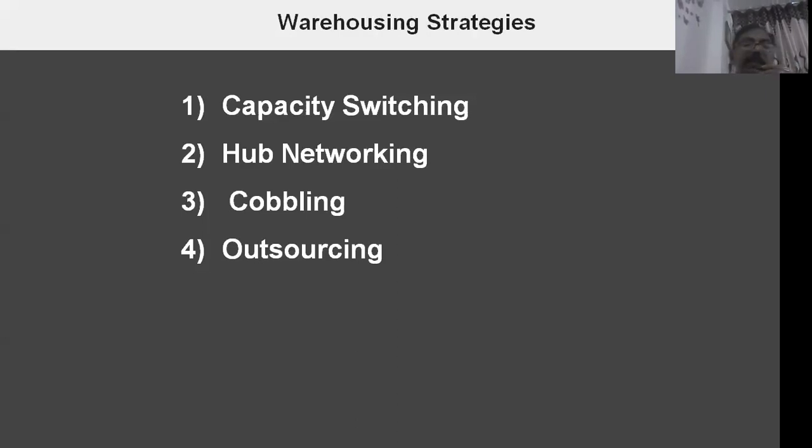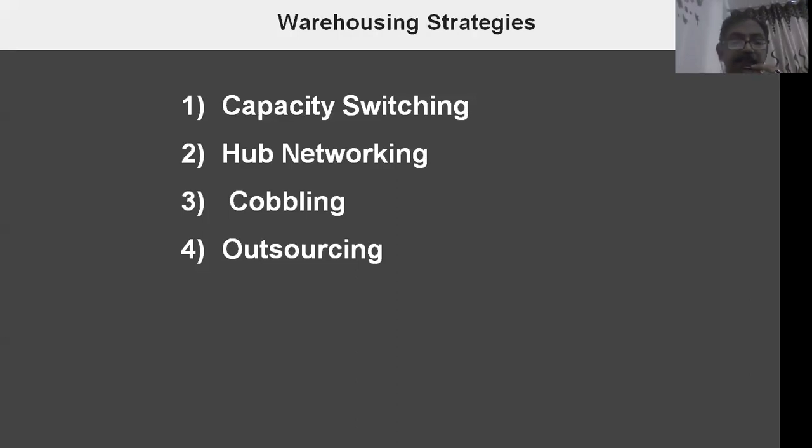It is usually used in distribution warehouses where a hub is created, and these hubs are very large warehouses, and some small warehouses are connected to these large warehouses, and those small warehouses ultimately serve the clients or customers. So this kind of hub and spoke model is used.